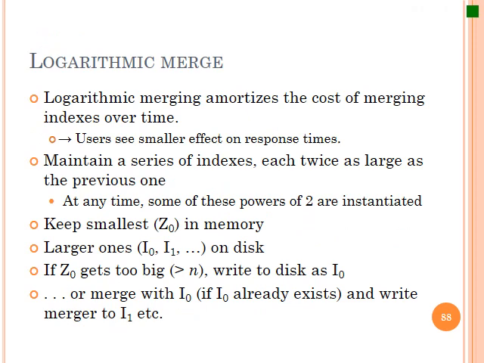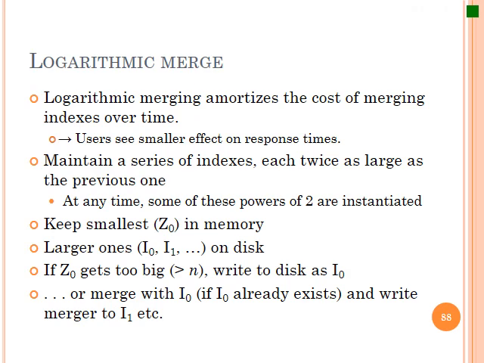Another thing that you can do is called logarithmic merge. Basically, you can keep your index as a series of indices, each twice as large as the previous one. At any one time, some of these powers of 2 are instantiated. You keep the smallest index, called Z0, in memory, and the larger ones are on disk.